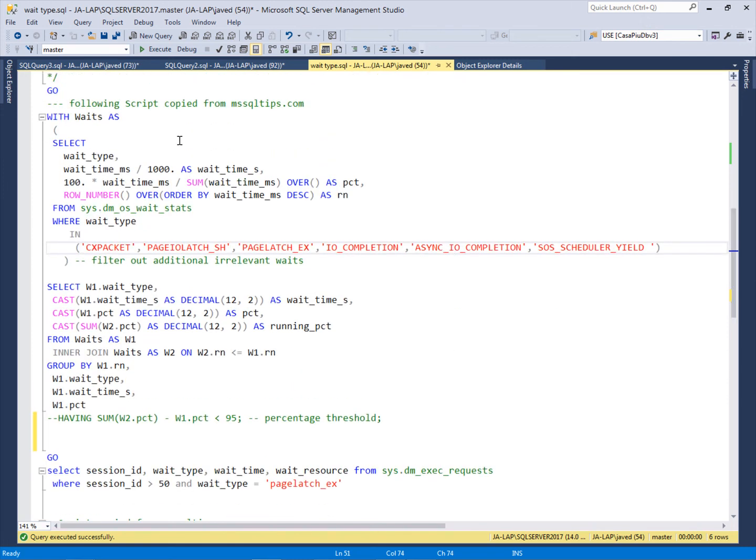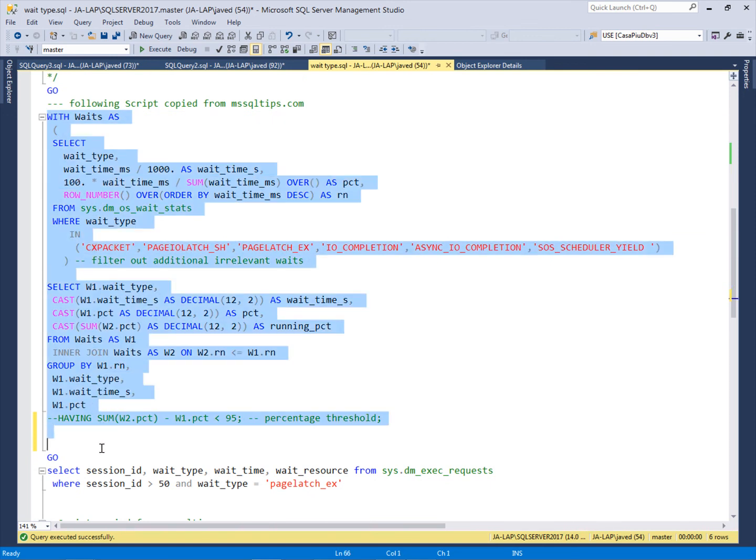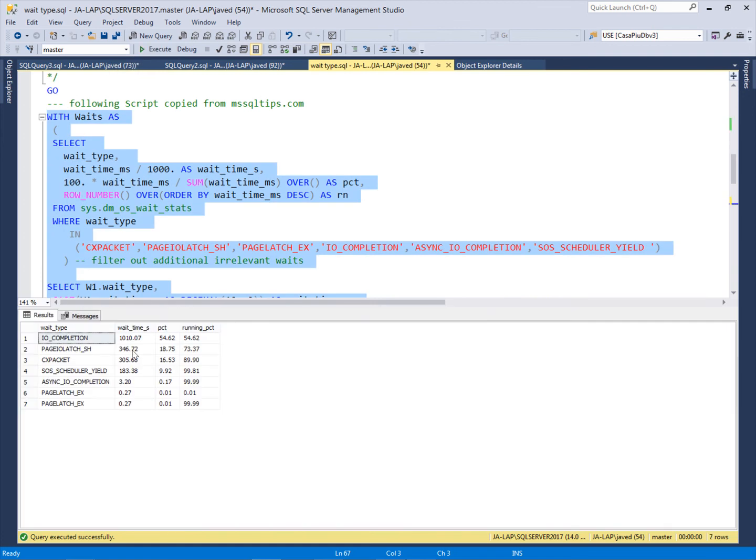So let's execute this script, which will give us the wait types and the times of the waits. These are the names of the waits, and this is the time in seconds, like this wait occurred in the system for this many seconds, and this is the percentage of the wait occurring on the server.